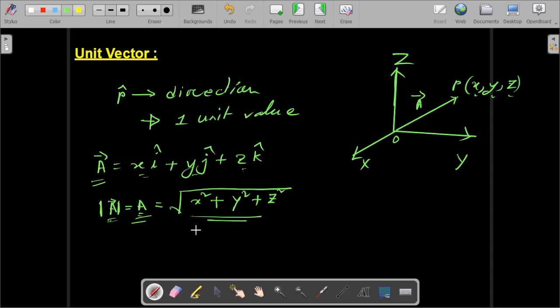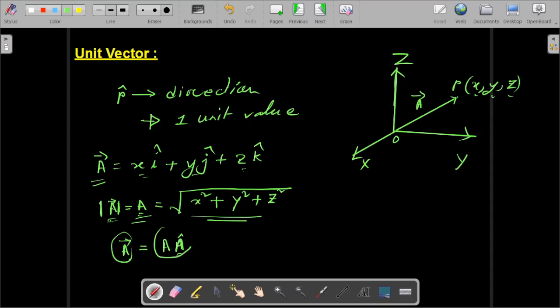Now we are going to find out the unit vector. How can you write unit vector? So this is the given vector. You can write it in this way: write the value of a vector and multiply that value by the unit vector in the direction of a. This is the unit vector in the direction of a.